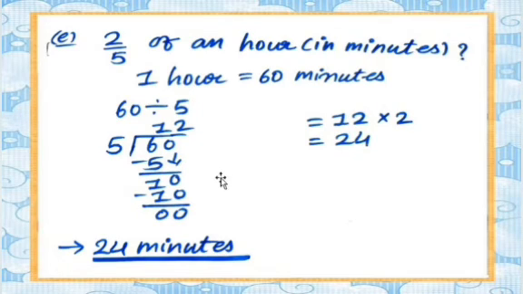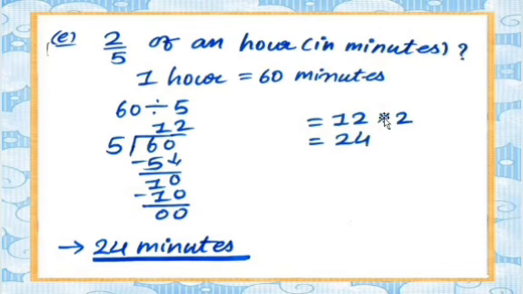Yes, obviously 6 will come, but 5 ones are not coming in 6 alone, so we take only the one digit. 5 ones are 5. 6 minus 5 is equal to 1. Then after that I bring down the 0. It makes 10. 5 twos are 10. So 10 minus 10 is equal to 0.